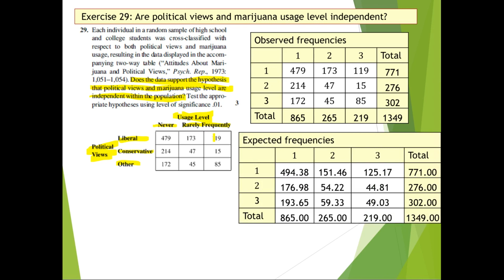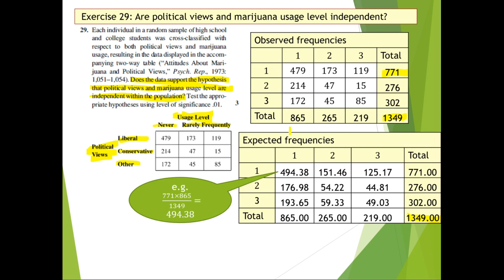You can see that I have to use enough decimals so that my totals agree in the end. And now, how did I obtain this? I obtained this expected frequency in row 1, column 1 by taking row total 1 times column total 1 divided by the grand total.